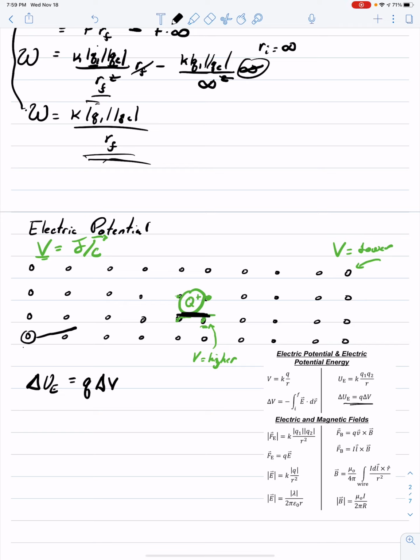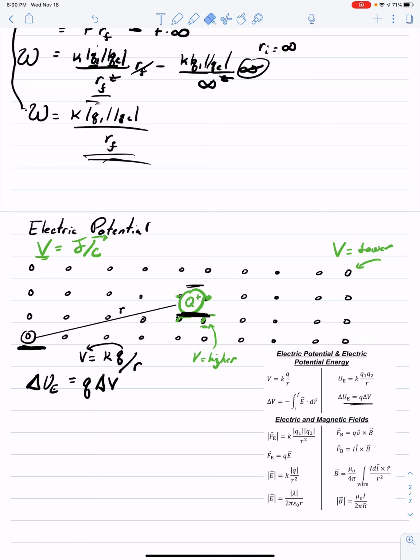So I would make a line from where my charge is all the way to my reference point, and that distance is R. But I want to find the electric potential, so I need to multiply my Coulomb constant by the charge that's making the electric potential over the distance R. And thus, I have found my electric potential.